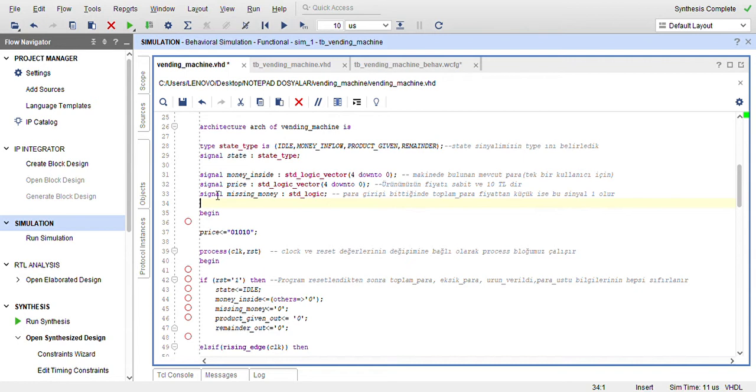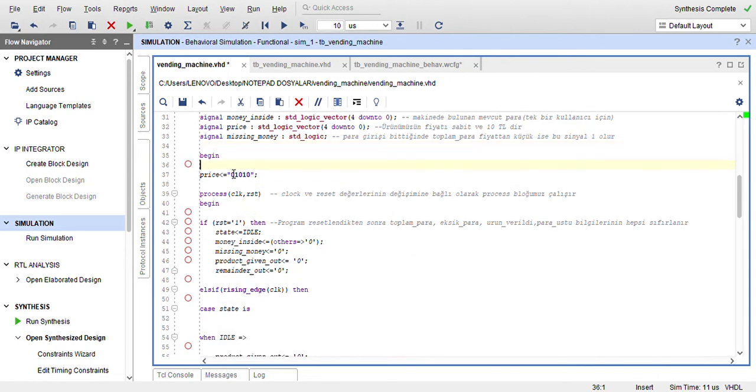This is the price of our products, and all of them are 10 Turkish liras. Of course, it's 5 bits because I want to give both of them the same bits. And our last signal, missing money, is 1 bit. If the customer's money is not enough for the product, this signal will work.